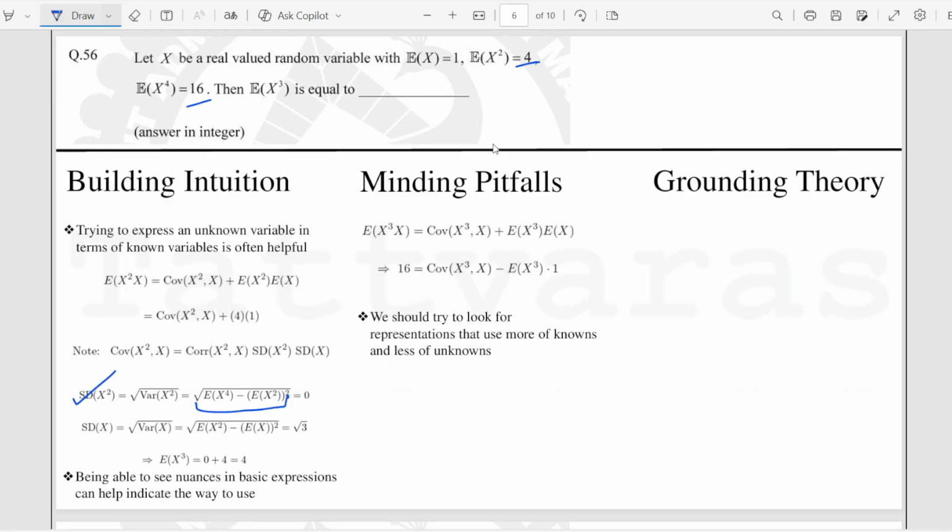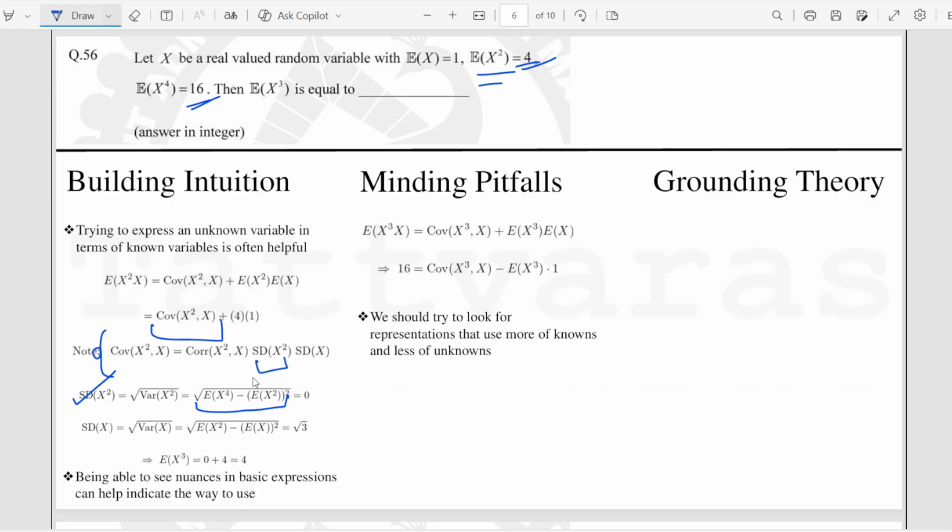So when you first saw this question, what you ideally should have seen and made a note of was that the square of this thing minus this thing, which is essentially the variance of this thing, is 0, which means having a representation like this will help because this entire thing is going to 0 thanks to just this one thing.